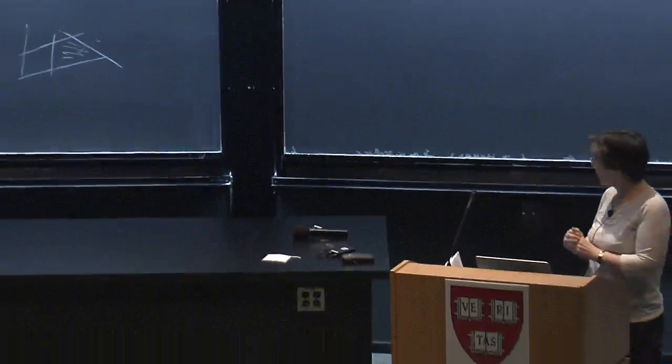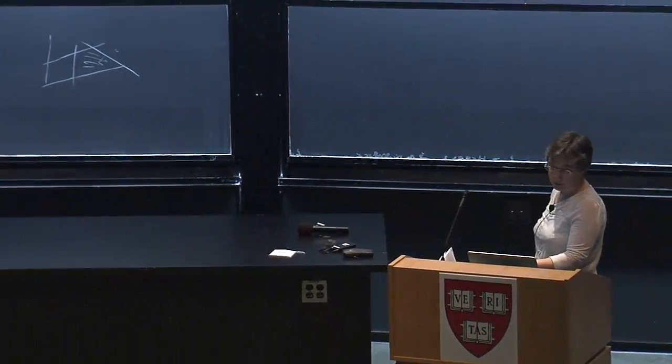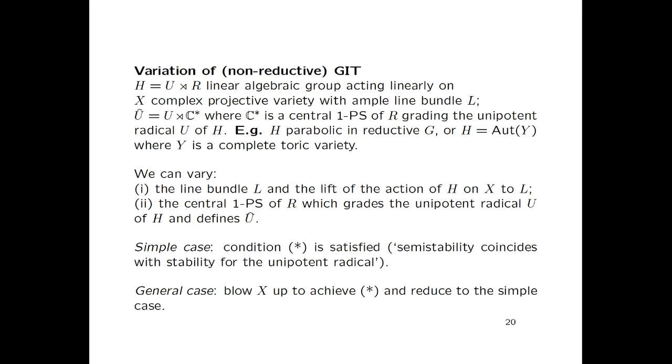So that's the classical setup, and so we can think about what happens in the non-reductive setup that I was talking about. So if we assume that we've got a linear algebraic group with a unipotent radical U and Levi subgroup R, so that it's a semi-direct product of the unipotent radical and this reductive group R, and assume that it's acting linearly on a complex projective variety with respect to an ample line bundle.